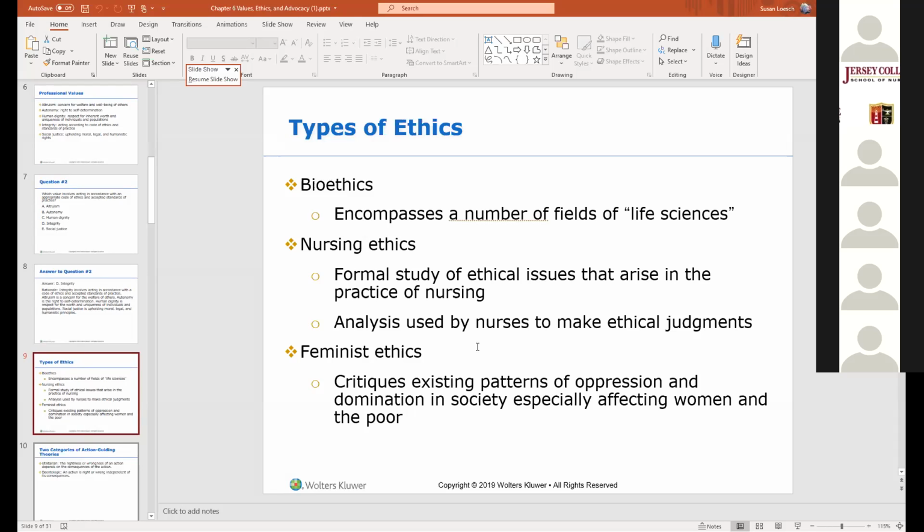Nursing ethics, this is a subset of bioethics, and it talks about ethical issues that arise in the practice of nursing. Also analyzing, when we use our analysis of different things, we use that to make or evaluate ethical judgments. Okay, we also take responsibility for managing care. We have to be prepared to recognize the different ethical dimensions of our practice.